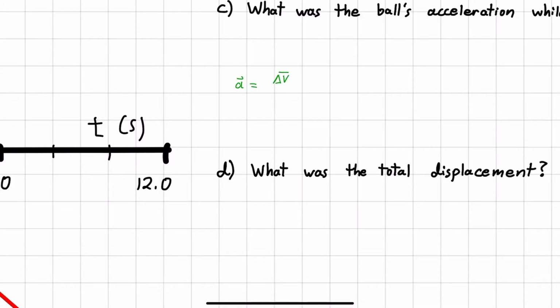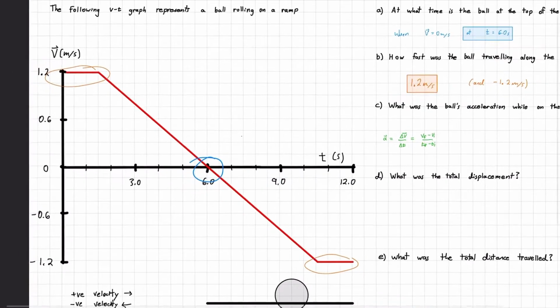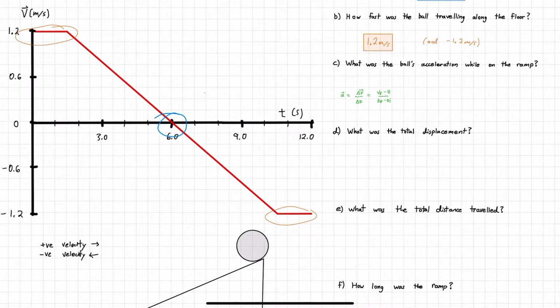That is the change in velocity over change in time, or velocity final minus velocity initial over t final minus t initial. Now the question is, what points are we going to use as our final and our initial? Well, looking at our graph, we know from earlier that the ramp section begins here and ends here.